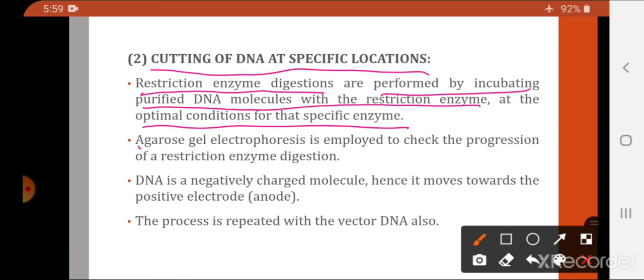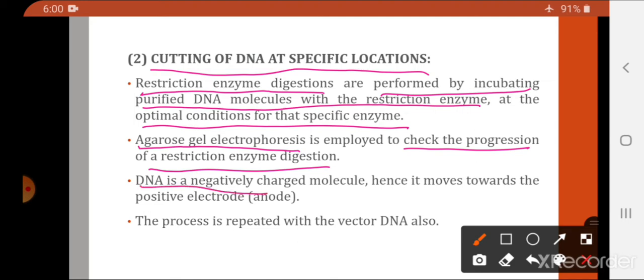After that, agarose gel electrophoresis is employed to check the progression of the restriction enzyme digestion. Okay, from the agarose gel we will know whether fragmentation has happened or not. If the restriction enzymes have done their work, the DNA will be fragmented, and that fragmented DNA will move further into the agarose gel.